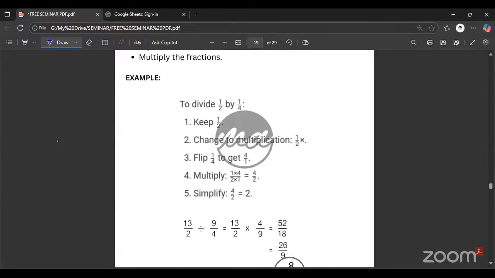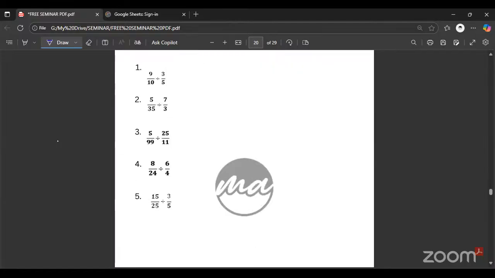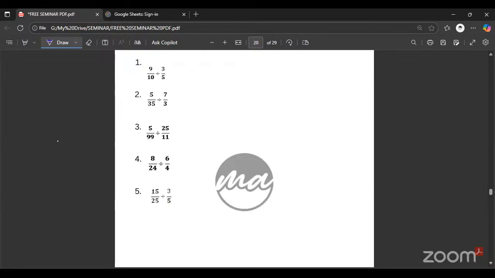How does that work? So now, if I'm taking the first question here, it's 9 over 10 divided by 3 over 5. Your first step is to keep your first fraction as same as it is. Do not change that. Second step, use the multiplication sign. You have to convert divide into multiply.